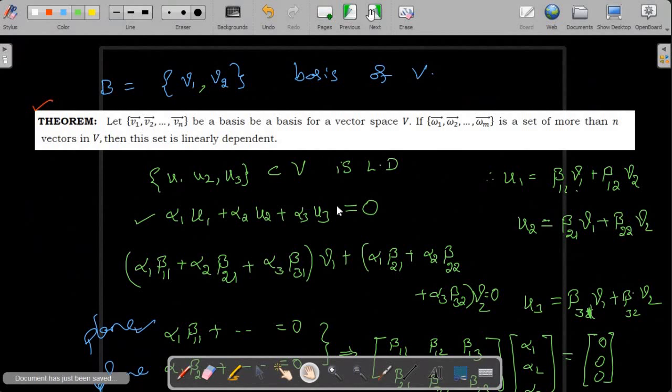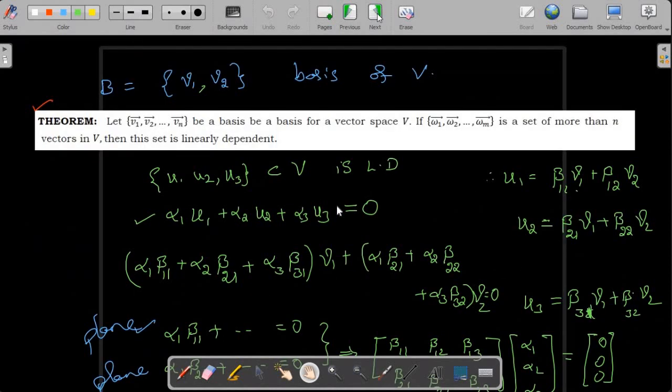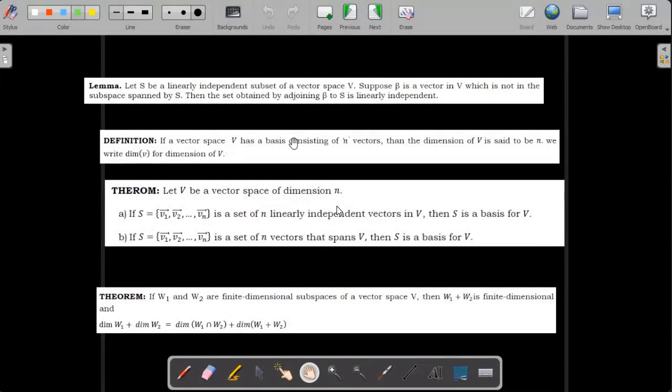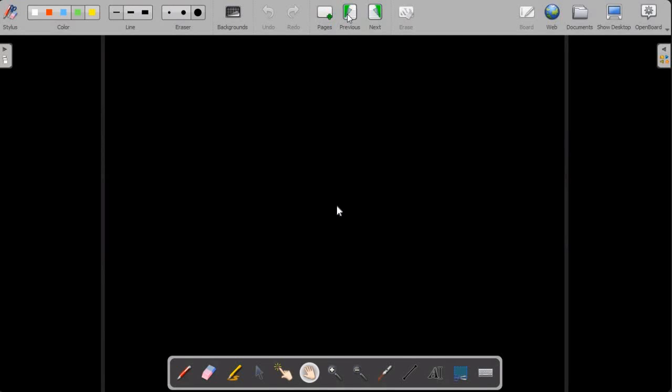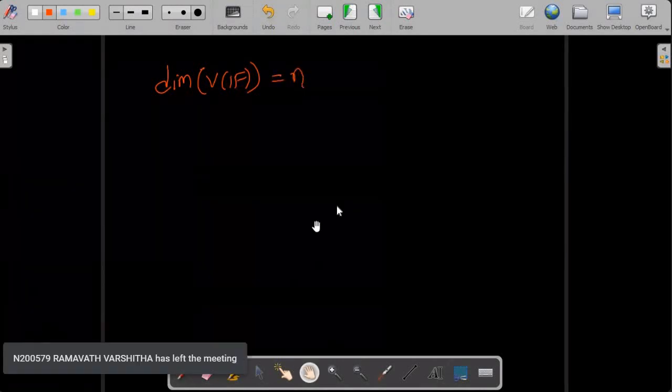ఇంకా బ్యూటిఫుల్ ఫ్యాక్ట్ ఏంటంటే ఇక్కడ, you know what is the dimension of the vector space, right? So the dimension of the vector space is nothing but, so let me write, dimension of V over F. We are going to denote the dimension as just dim.